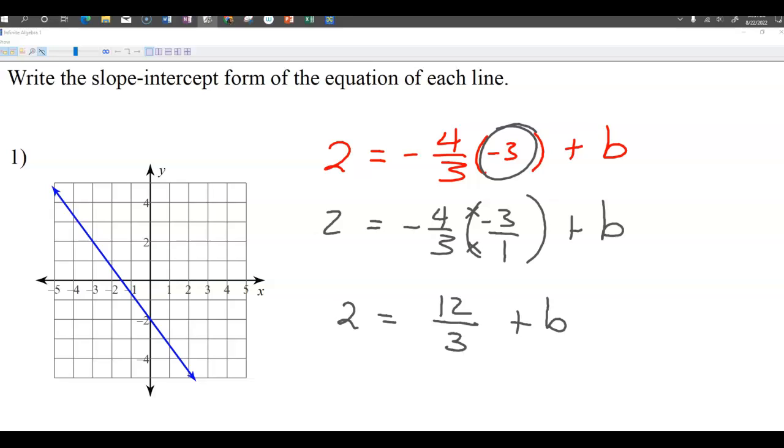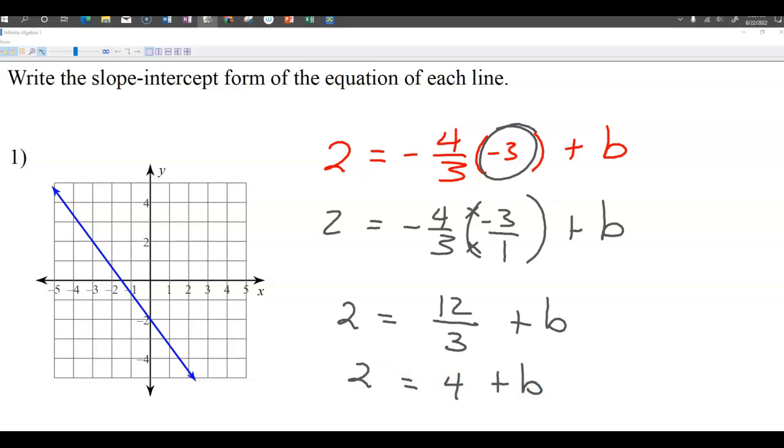Now sometimes we have an issue where this won't go away, but it's going to go away this time, so we're kind of lucky right now. 12 can be divided by 3 evenly, so it makes 4. And now we have just a nice normal number.